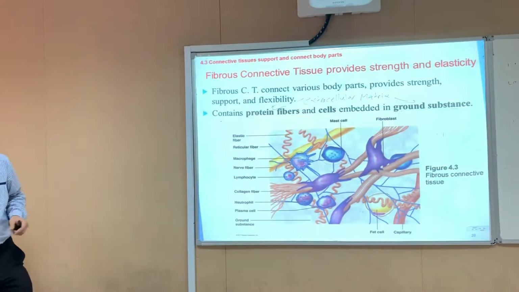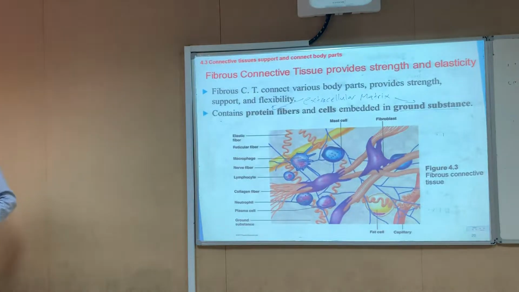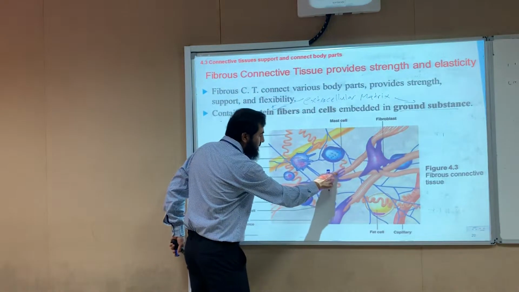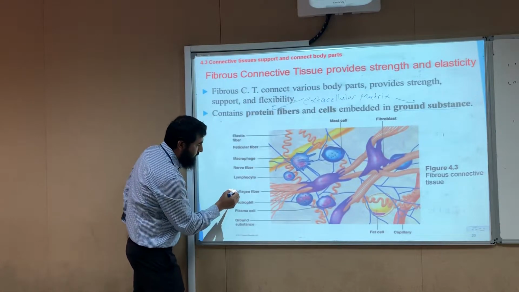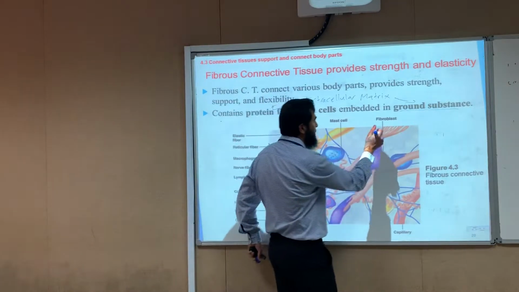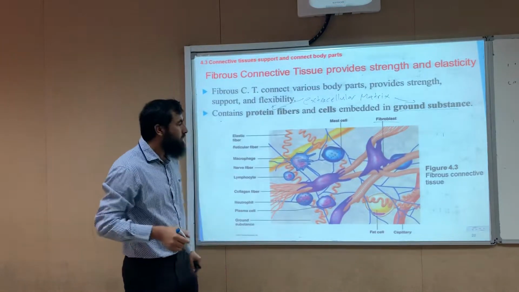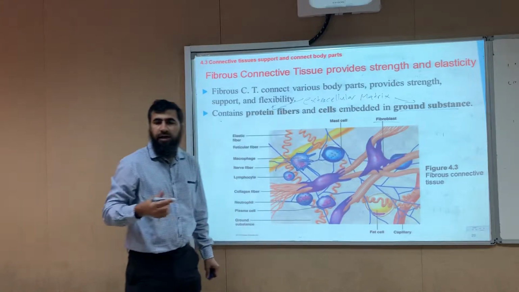So we find different types of cells in this fibrous connective tissue. The most important cell here is called the fibroblast, okay? Where is it mentioned here? Here on this cell, all right? Fibroblasts are the cells that produce the fibers that make up the connective tissue.